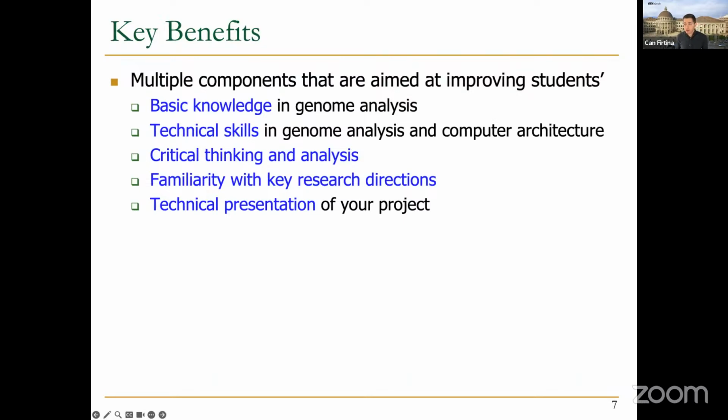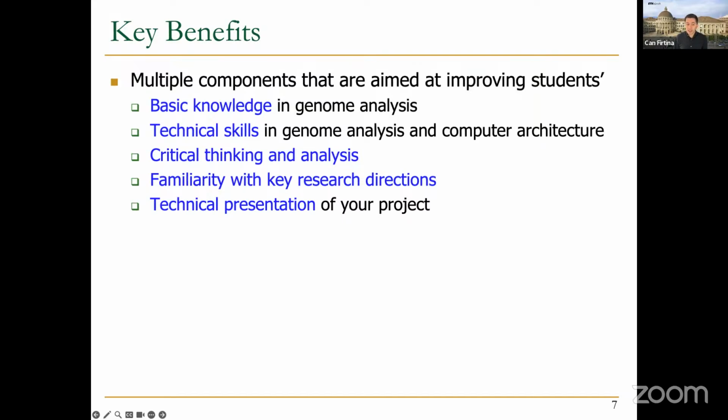There are many key benefits of this course. As mentors, we aim to improve the following aspects of students. Students can improve their basic knowledge in genome analysis. They can also improve their technical skills in genome analysis by doing a project with us in this direction, and improve their critical thinking and analysis.